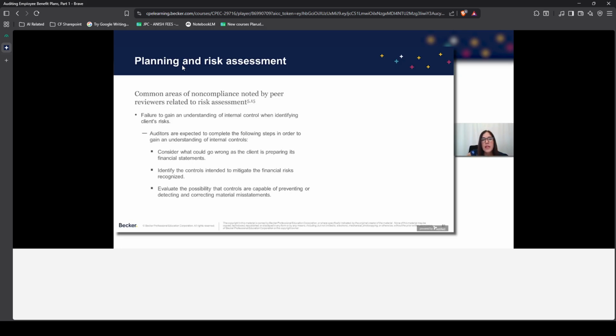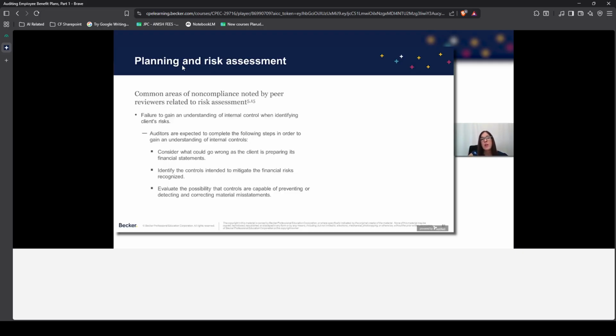These are some of the common areas of non-compliance as noted by peer reviewers that are related to risk assessment. And these are in no particular order. Failure to gain an understanding of internal controls when identifying client's risk. So I said this earlier and I'm going to say it again. You have to obtain an understanding of internal control on every single employee benefit plan audit period.